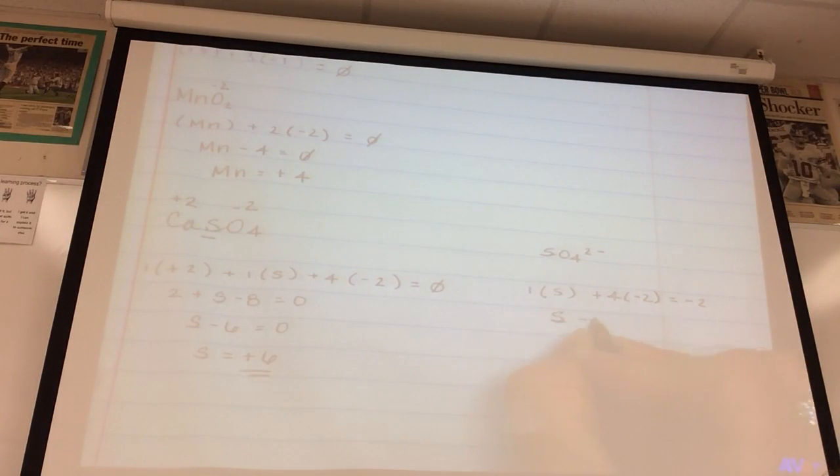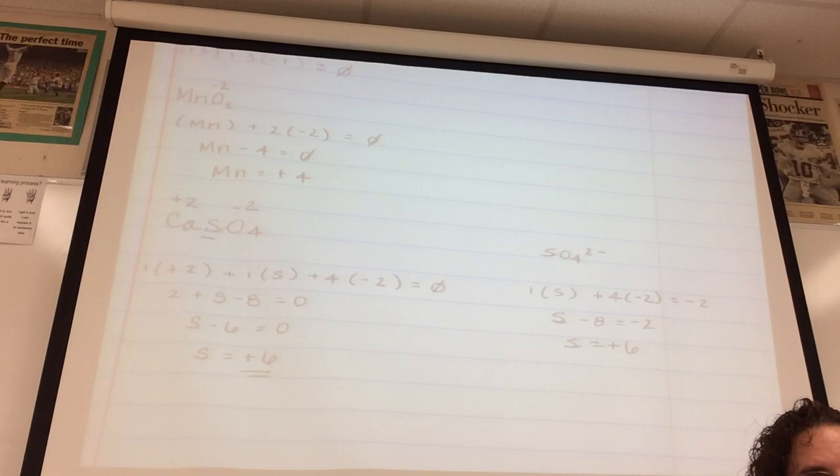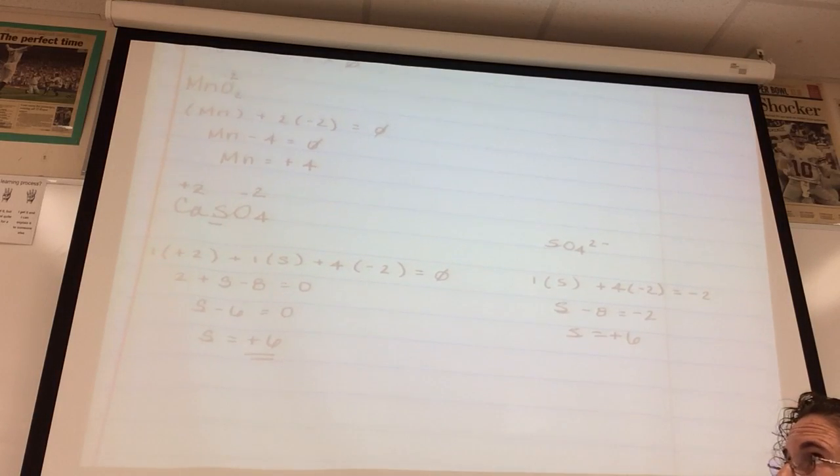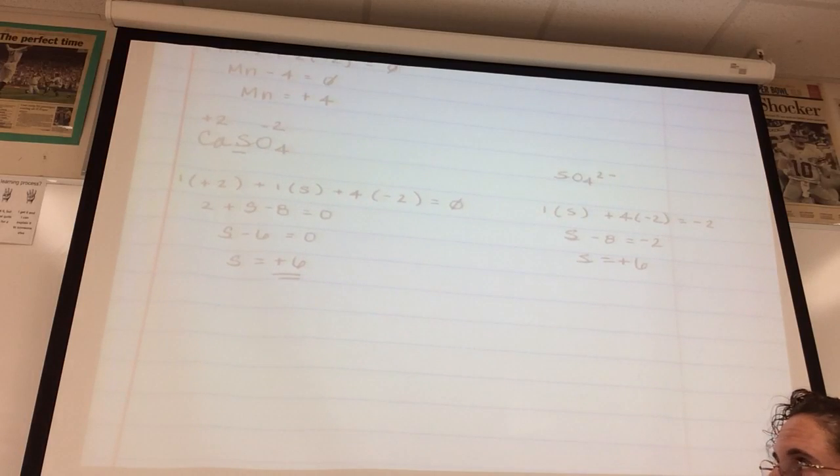So sulfur minus 8 is equal to -2, sulfur is equal to +6. Okay? So this should start to look familiar for most of you. For some of you, I don't think you learned it, and it's not hard, so it's not a biggie.